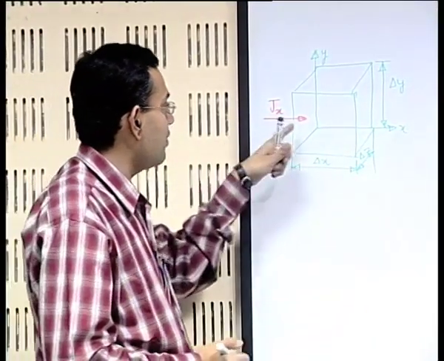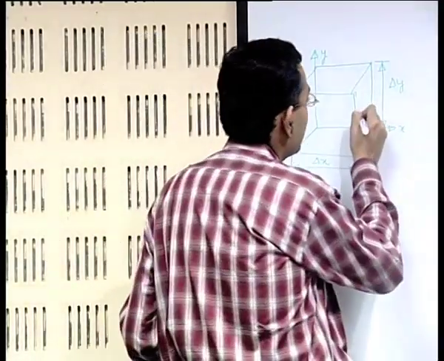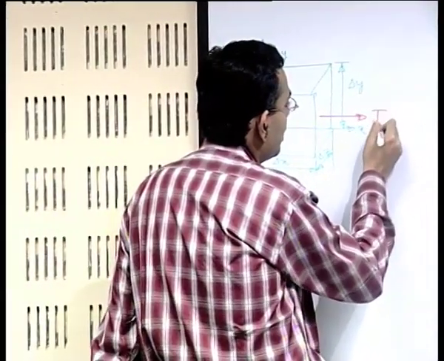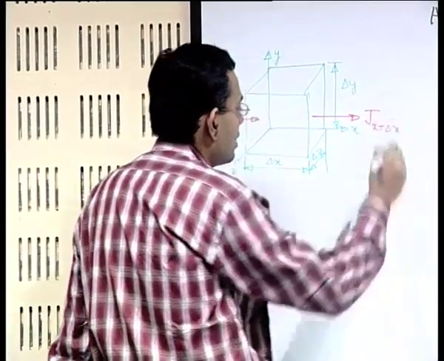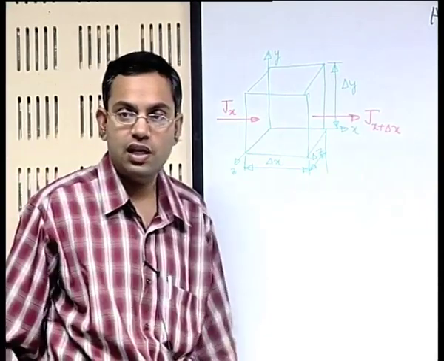So, Jx is the flux that enters the left face and the flux that leaves the right face is J at x plus delta x. If the left face is x equal to x, the right face is x equal to x plus delta x.